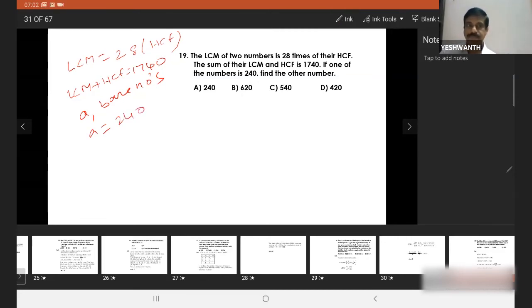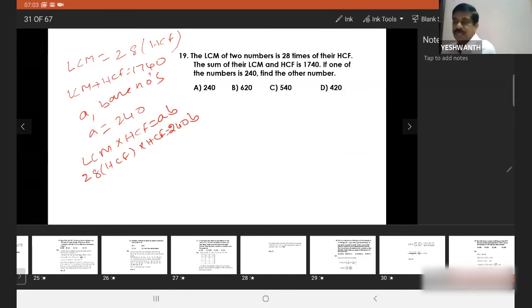Find the other number. See, LCM into HCF equals the product of the numbers. LCM is 28 times HCF, into HCF is 240 times B. So LCM plus HCF: LCM is 28 times HCF, so 28 plus 1 times HCF equals 1740.